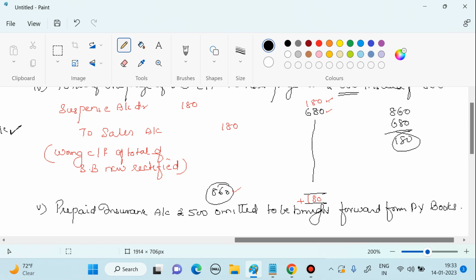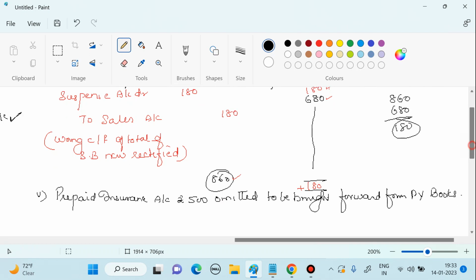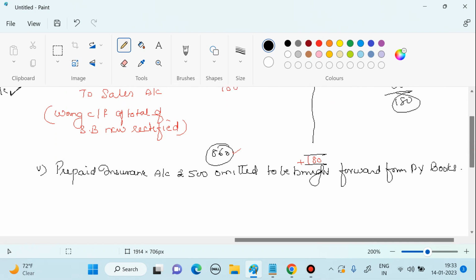We should record it. Prepaid insurance account is an asset. So asset has which balance? Debit or credit? Prepaid insurance will be debited. Debited, correct, because it's an asset account.